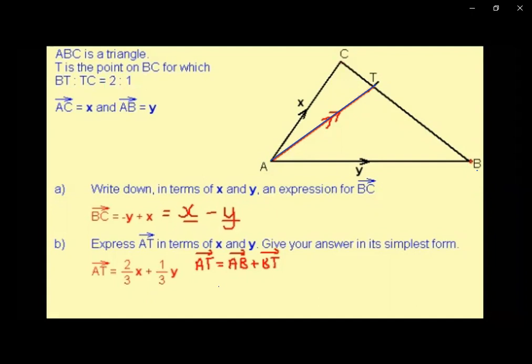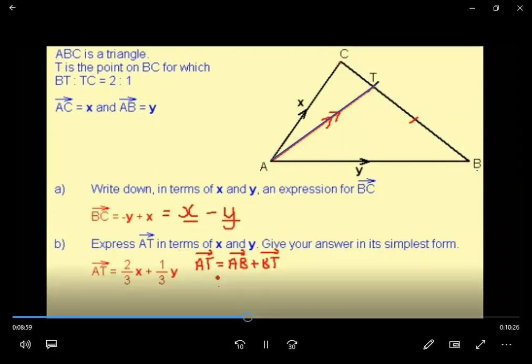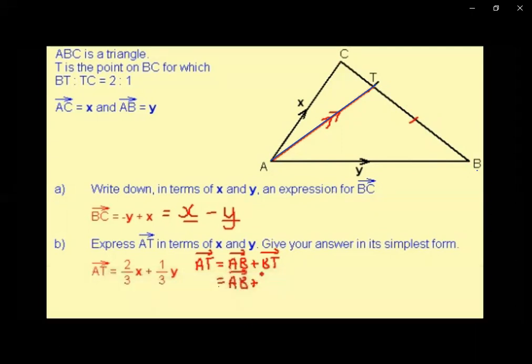So BT is twice as long as TC. This tells me that this length here is 2/3 of the total length. So I now have that vector AT is vector AB plus 2/3 of vector BC.